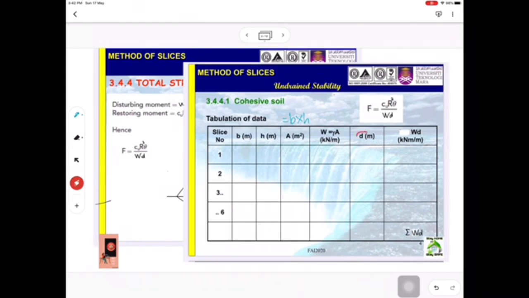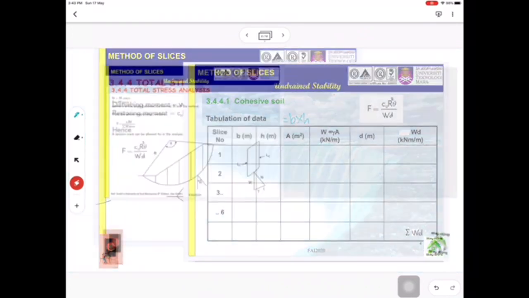Then D, so D is the distance from O to the W force, okay? And then you can get WT, W times D. Then you total up, so you will get total of WT. So this value will be here, and then you have to calculate CUR squared.